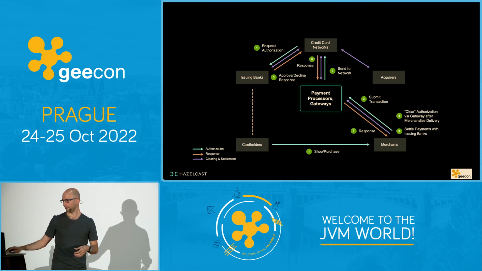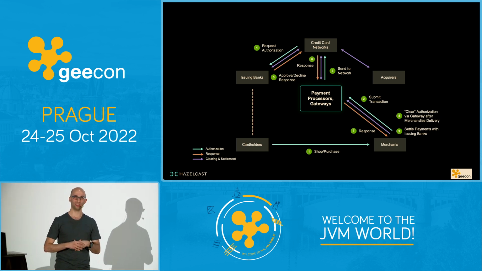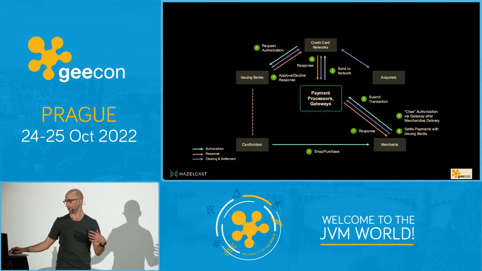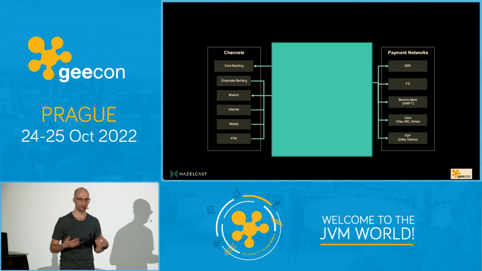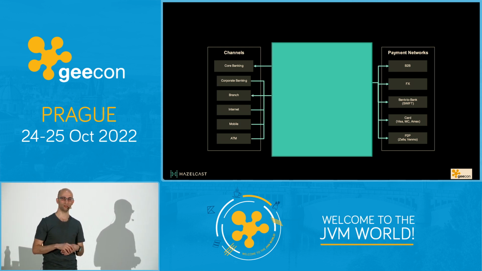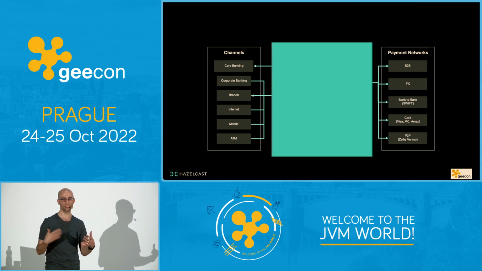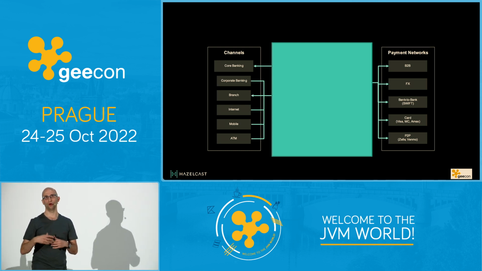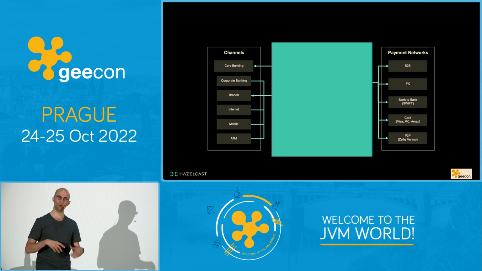And again, just to add some complexity to what we are going to discuss today. We discussed the process of it, but at the same time, it's not one card, right? So you might be doing core banking, physical banks, or you might be looking at internet payments, or ATM or mobile, or a combination of all of these.